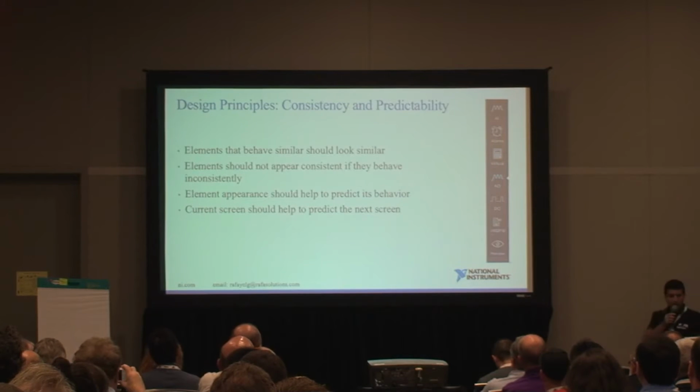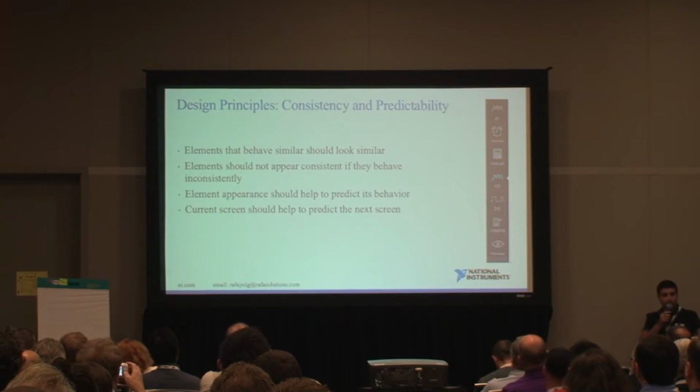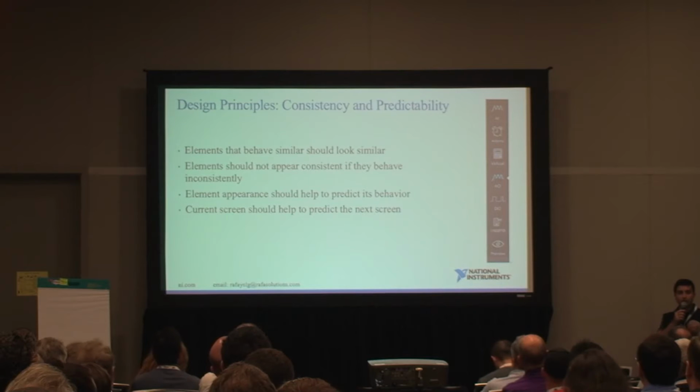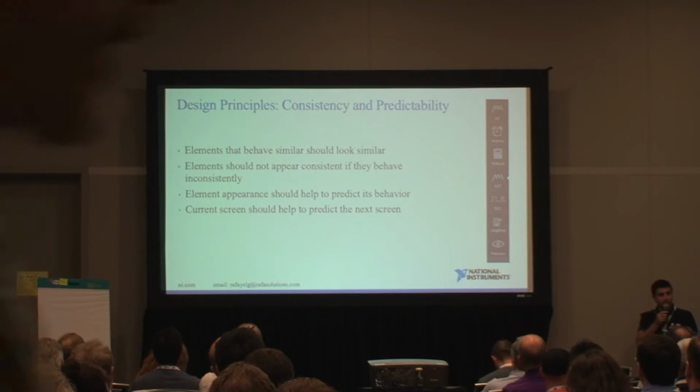Going forward, I would like to discuss consistency and predictability. Let's say you have a user interface where you are switching tabs, and on each tab you show different functionality. Each tab talks about different things, but overall the application needs to reflect consistency within the software.